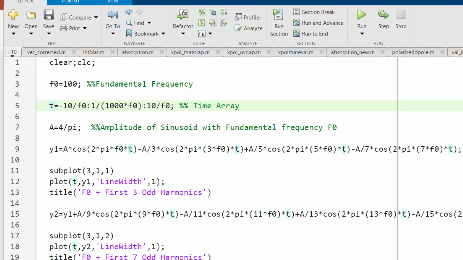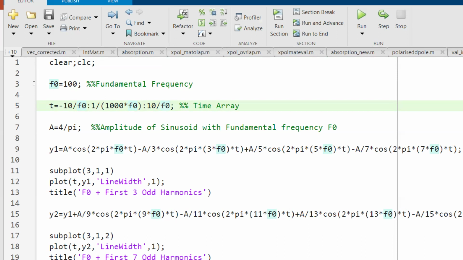I am taking 10 cycles in the negative direction and another 10 cycles in the positive direction. Altogether we get a total of 20 cycles, right? So that we can control.